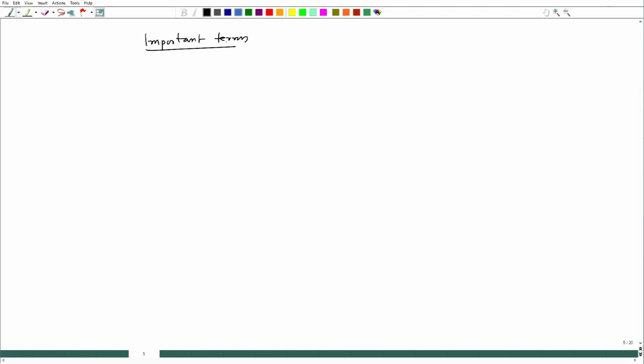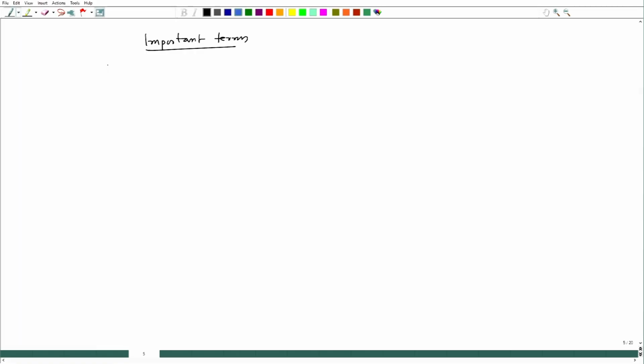If we look at the very definition of a phase diagram, we said that it is a graphical representation of the stability of different phases appearing in a system as a function of system variables. So, the first thing that comes to our mind is phases.